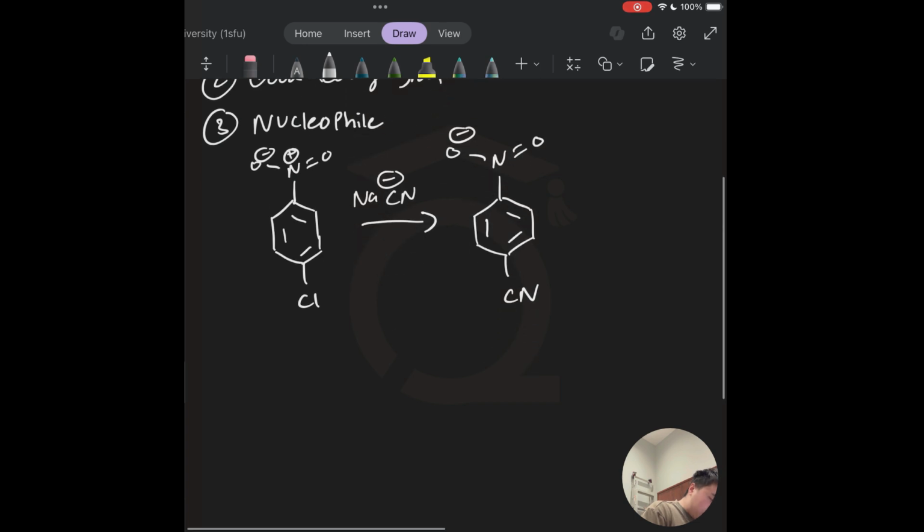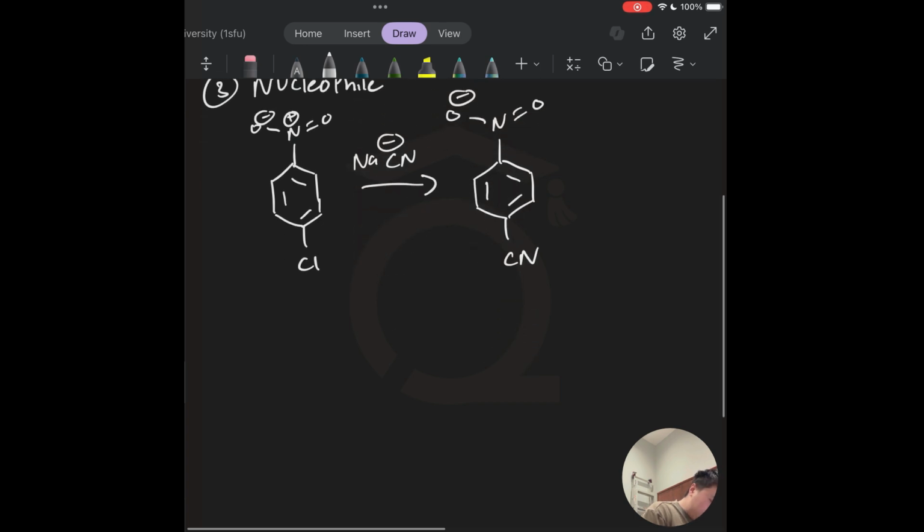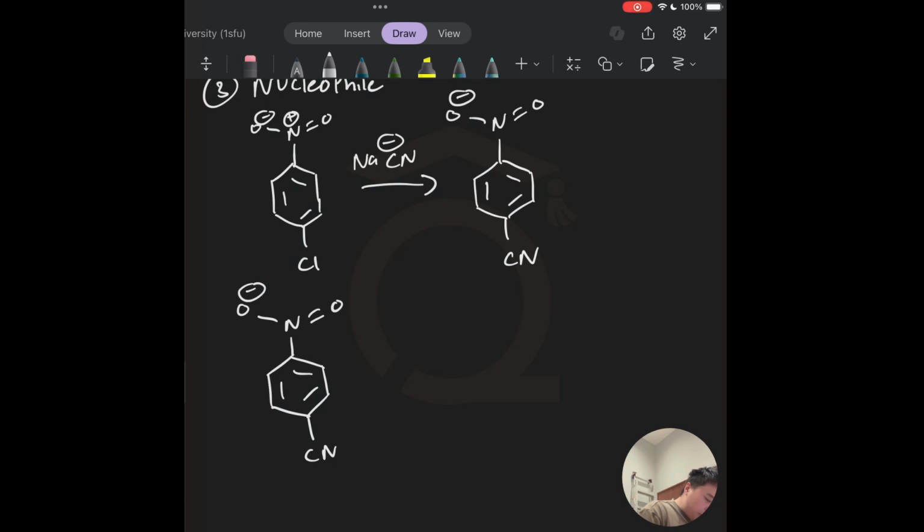And so the mechanism for this is as follows. Oops, Cl. So your nucleophile, your CN, right, attacks at the same position as your leaving group, okay? This creates a negative charge. You can think about it as a negative charge, or you can think about it resonating, right?